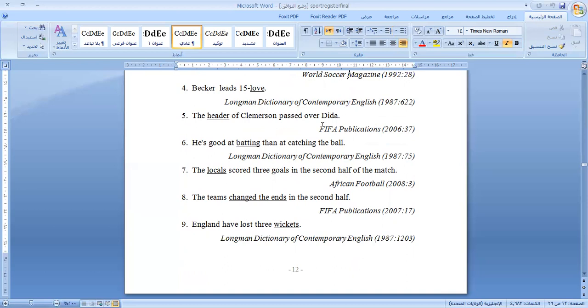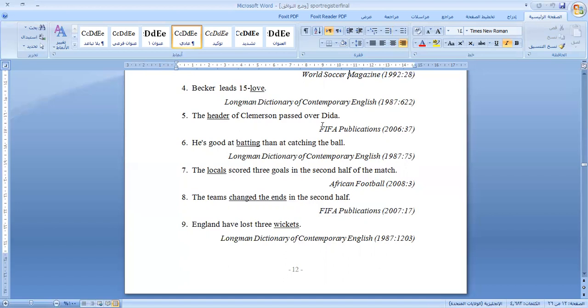In tennis, love means zero, so we can say Baker leads 15 to zero. According to sport terminology, love means zero in tennis.